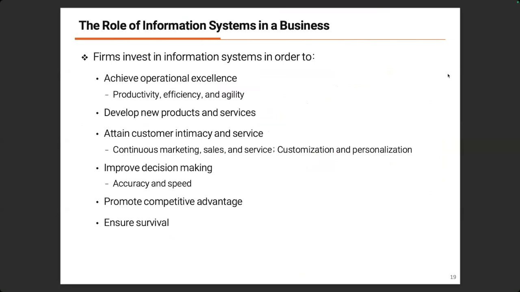So overall, they use information systems in order to achieve the 6 business objectives. We have discussed these objectives in the previous lecture. So these 6 topics are the main reasons why the firms have to use information systems in their business.